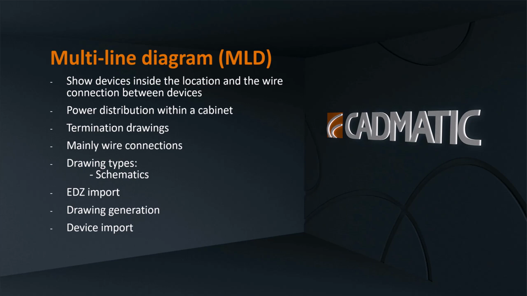You can have all the information from these EDZ files. You can import those to CADMATIC Electrical, and that way you can have the full product model in use in the current project and all the projects to come in your field of design. I will show you a short example about this EDZ import today.